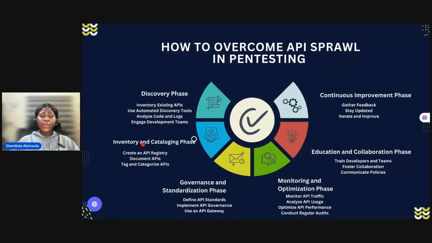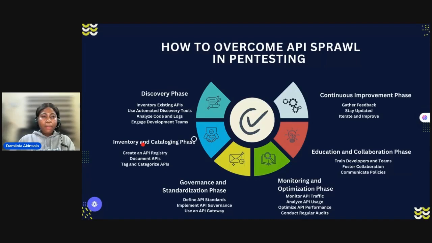We have quite a number, so you can go online to research which one you'd prefer and start using them, right? So what you're going to do is to properly document every API. You're including details like endpoint URLs, authentication methods, the request and response formats, and of course, the usage policy of the API endpoints.